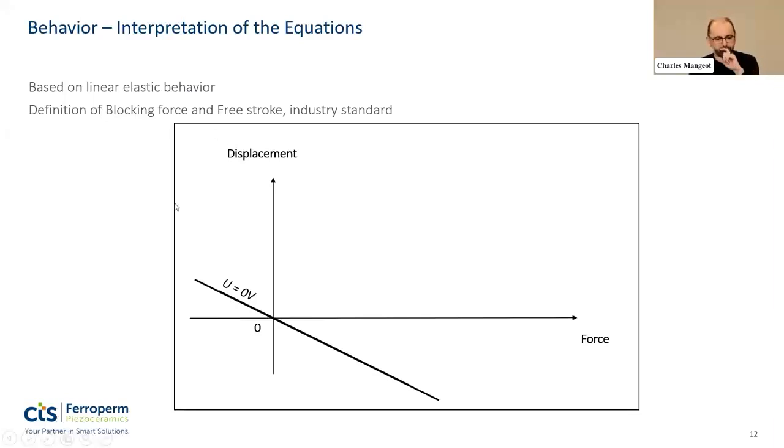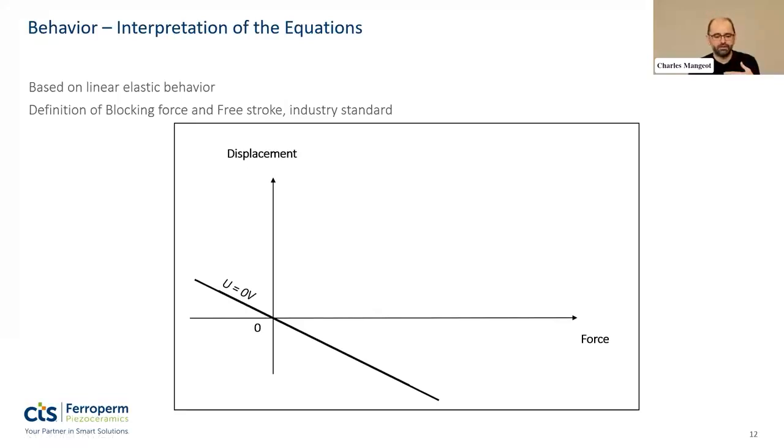Because if you look at a force displacement diagram, you start from an elastic behavior here. So if you're at constant voltage, the piezo term is 0, and you have just an elastic behavior. So when you press, you generate a displacement. The material contracts if you press on it.